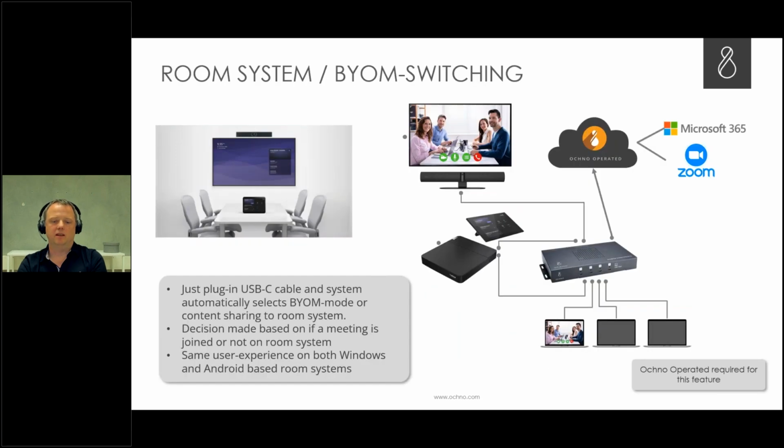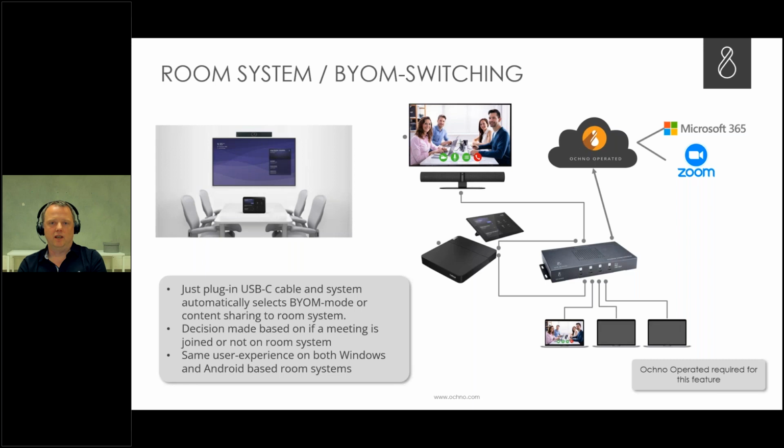If you then look at the rooms where you have a room system installed, this picture shows you the Windows-based version. The situation here is that you buy the system, Lenovo, Poly, Logi, etc. And those systems by default only support the MTR meeting, of course, or the Zoom room meeting, and then you have an HDMI cable if you want to do content ingest from your laptop into the meeting, and that's it.